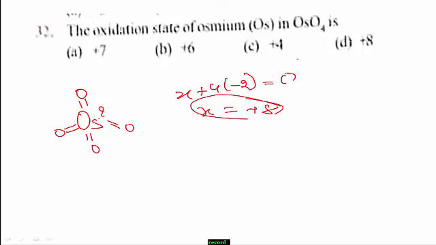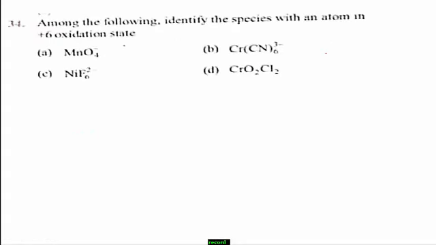Therefore directly the right answer is option D. In OsO4, if you want to calculate 1 into X plus 4 into minus 2 equals 0, therefore X becomes plus 8.